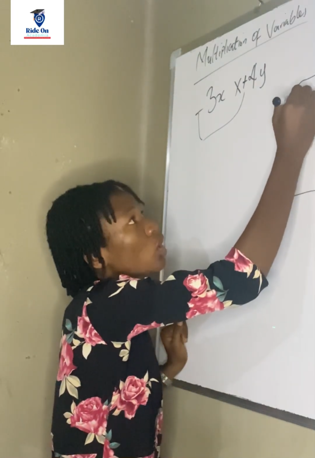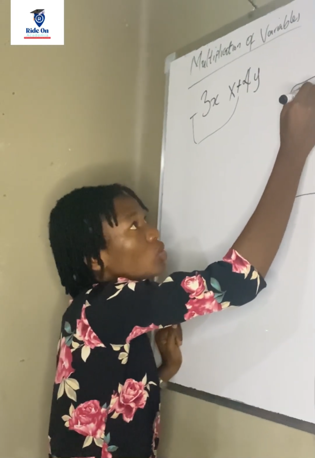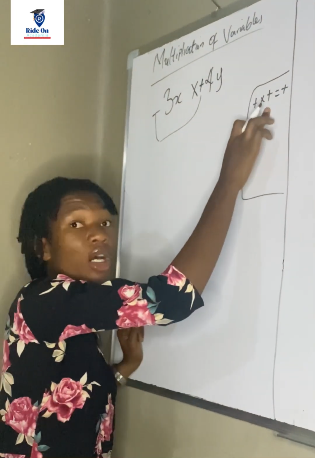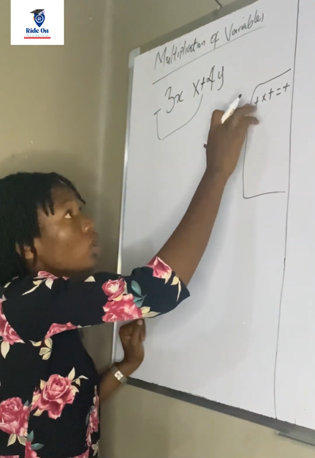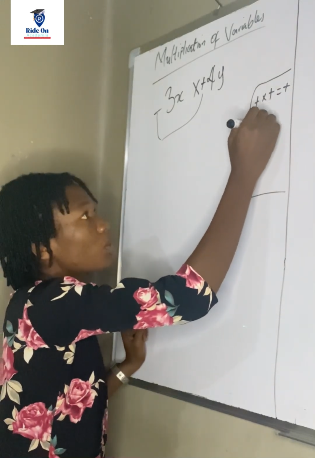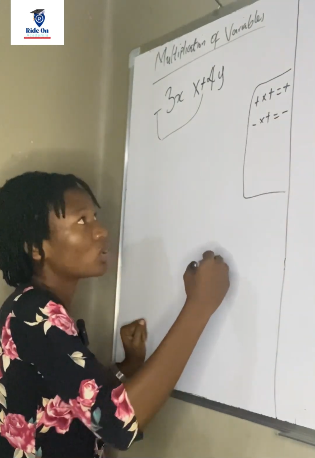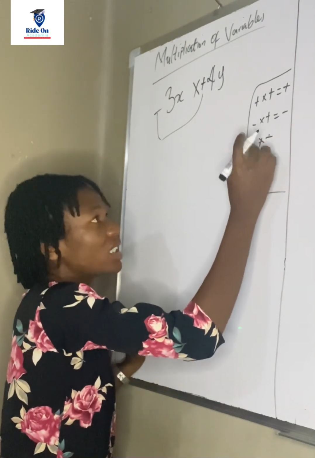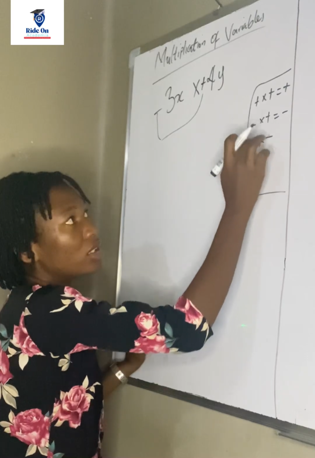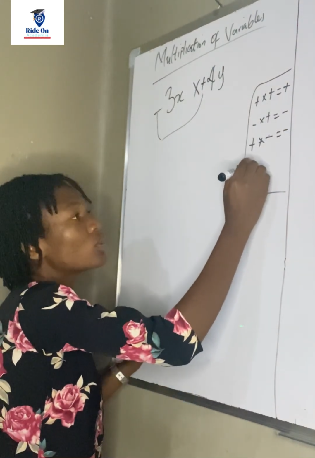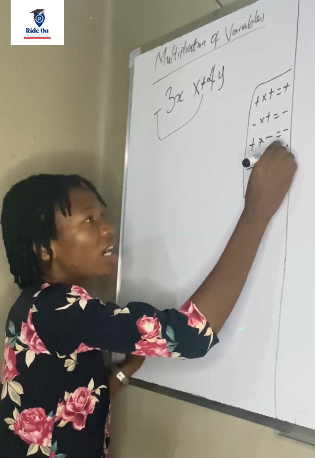Where we have plus multiplied by plus, we have plus. When you have minus multiplied by plus, you have minus. When you have plus multiplied by minus, it's still the same thing, so it's still minus, right? And when you have minus multiplied by minus, then you have plus.